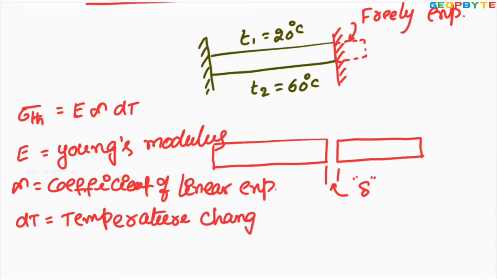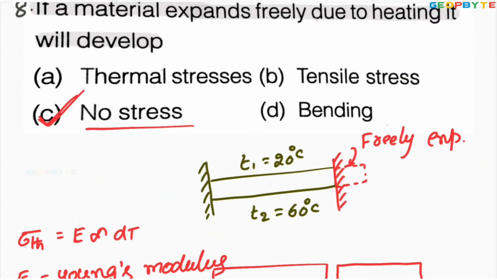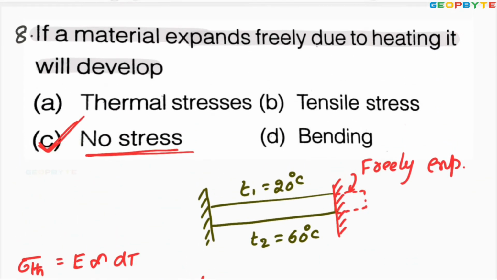That temperature change is equal to final temperature minus initial temperature. Anyhow, for this particular problem, no thermal stress is developed because the body is allowed free expansion. I hope you got my point.